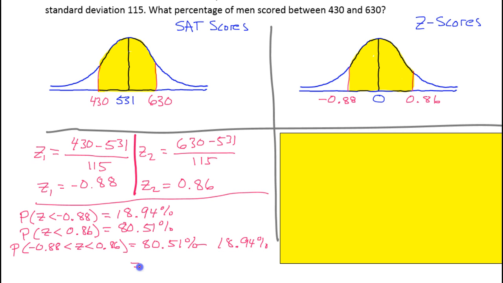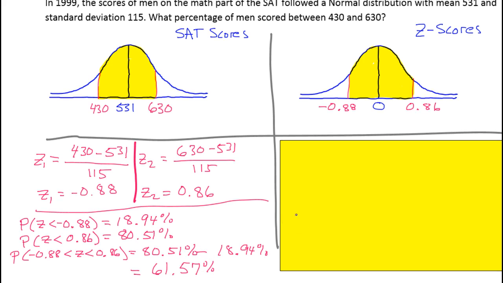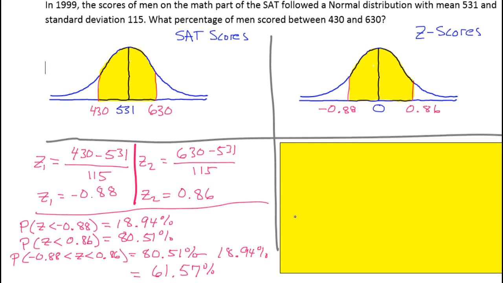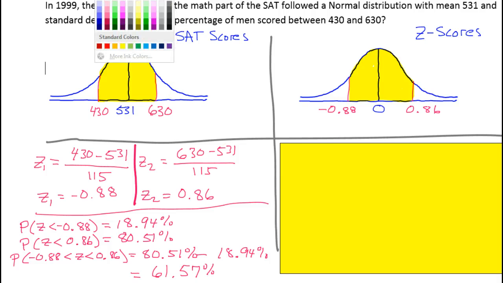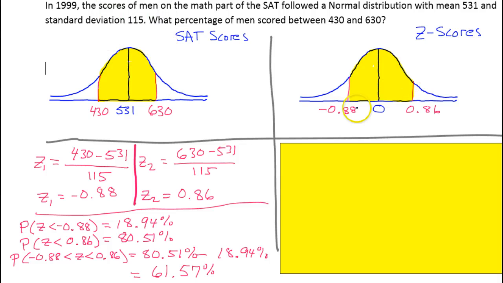Okay, and we'll see what we get. So I am getting 61.57%. So that means the percentage of z-scores between these two z-scores is 61.57%.